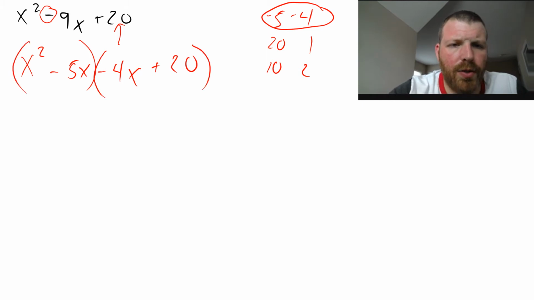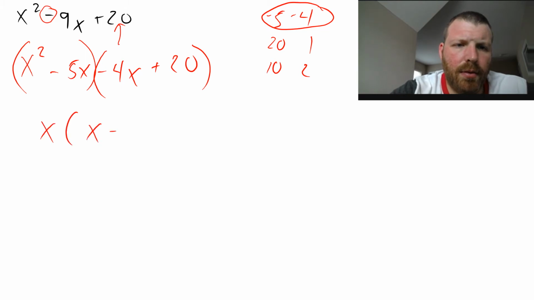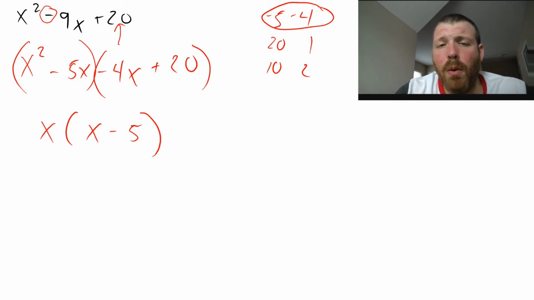Always group around your sign. So the first set of parentheses, the greatest common factor there is just x. And what's left is x minus 5. Now what we want is x minus 5 on the other side. So this is where you need to look at it and ask, what's the greatest common factor?